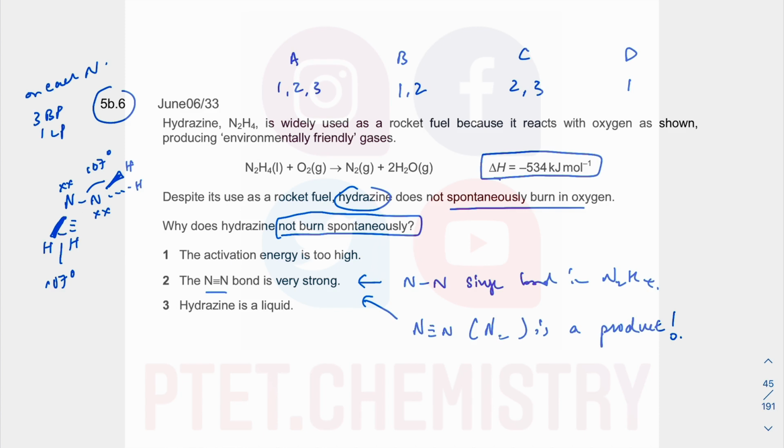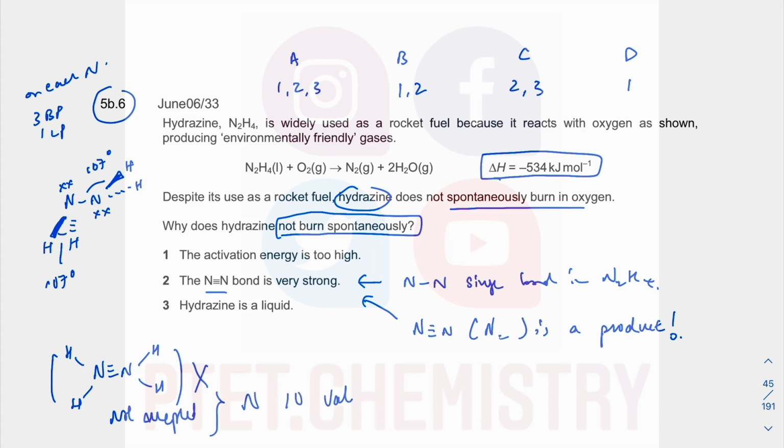It's a single bond. It's not a triple bond, because if you start drawing this thing, which is wrong, that will give nitrogen with 1, 2, 3, 4, 5 bonds. This is not accepted, because your nitrogen would have 10 valence electrons. If you use all 5 for covalent bonding, you will have 5 covalent bonds, 10 electrons in the outermost shell.